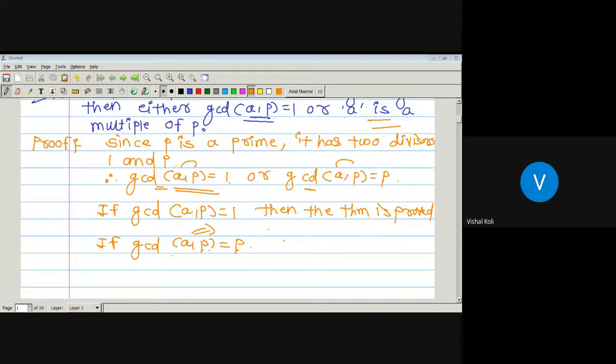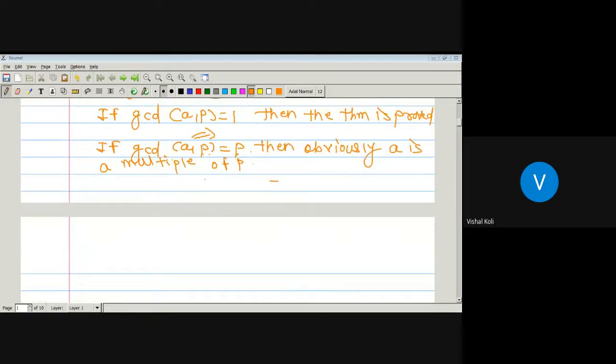So which implies that then obviously a is a multiple of p. Since GCD means the greatest common divisor, so if the greatest common divisor is p, then a is also a multiple of p, and hence the result.